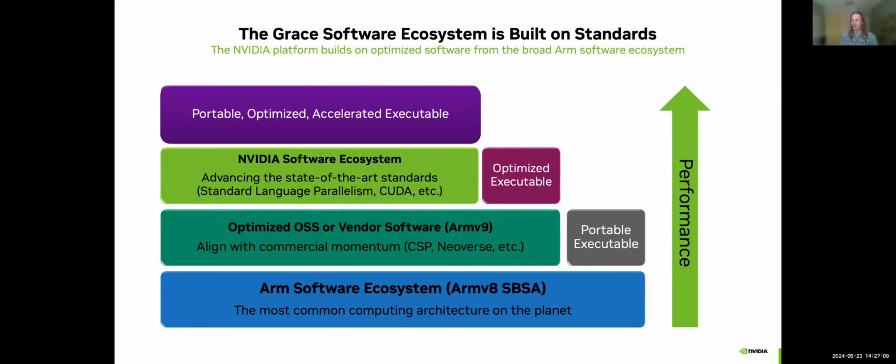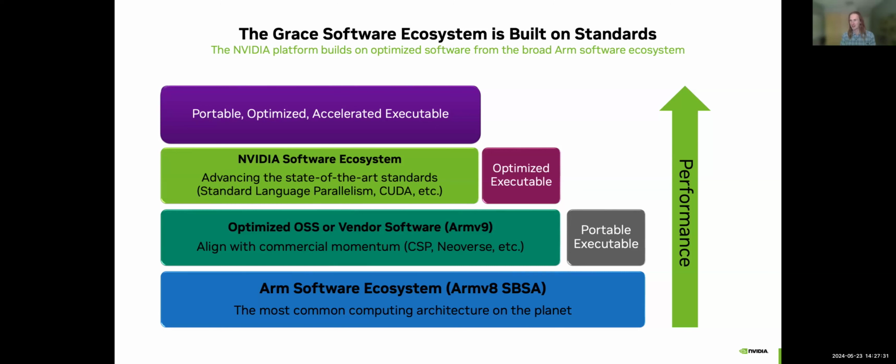Now, on top of that, we add the NVIDIA software ecosystem. And this kind of goes back to the first slide I showed where we've got Quantum, we've got Omniverse, we've got Modulus, we've got AI, we've got all this stuff, right? There's a lot of software in NVIDIA. And by the time you're programming for that NVIDIA software platform, you're actually fairly hardware agnostic.